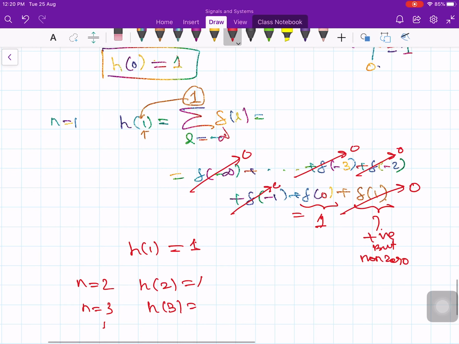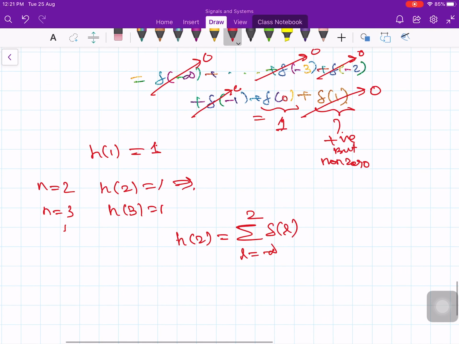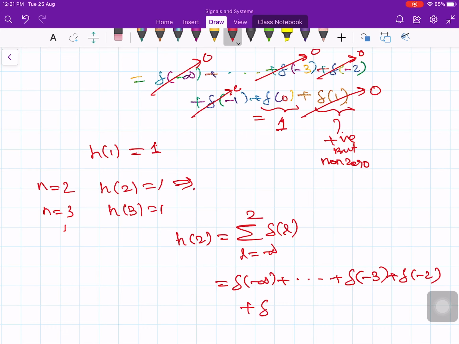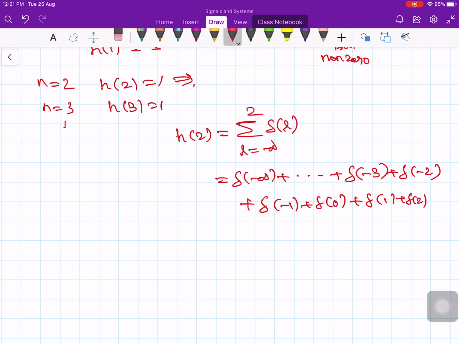Even let me do this guy, how it happens. h of 2 is equal to sigma l equal to minus infinity to 2 of del of l, right? So del of minus infinity plus dot dot dot plus del of minus 3 plus del of minus 2 plus del of minus 1 plus del of 0 plus del of 1 plus del of 2, like this. Now if you look here, the argument is negative, so 0.